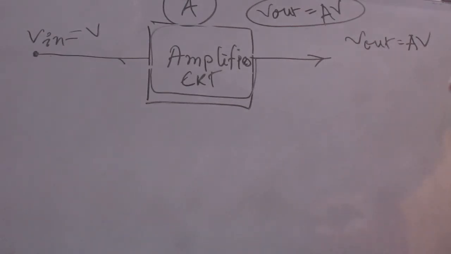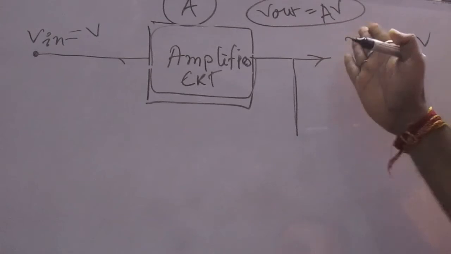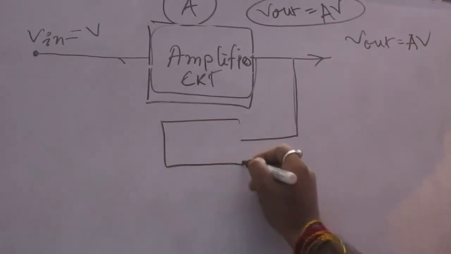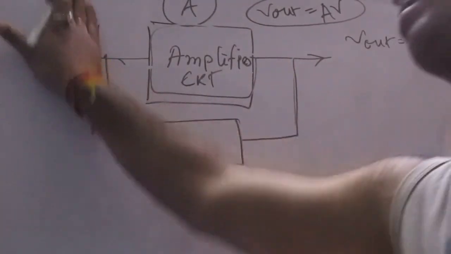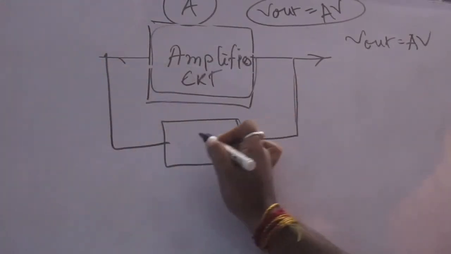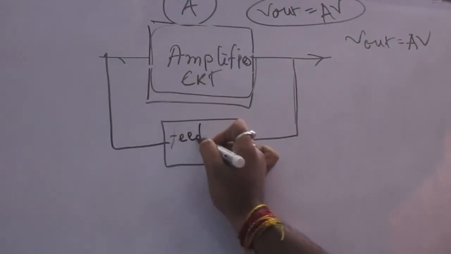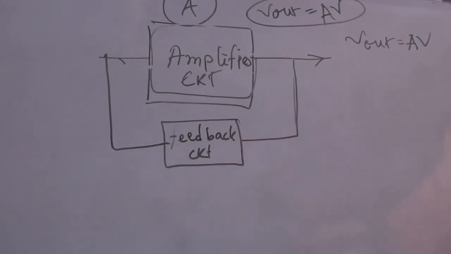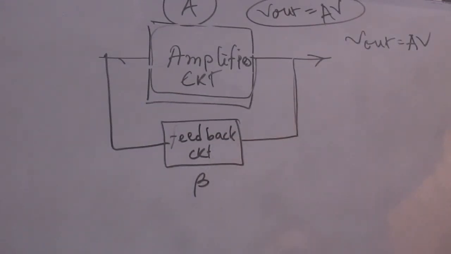So after many experiments, we have come out that if we take some portion of the output and feed it back to the input, and the input signal remains off, this circuit is known as a feedback circuit, with the feedback factor, you may say beta.